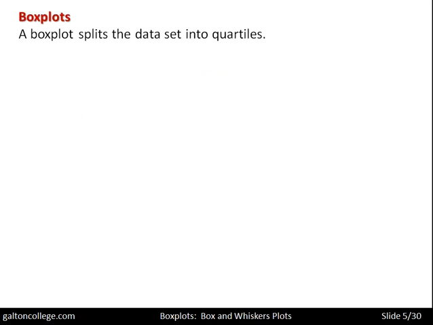It splits the data into quartiles. Now a quartile, you'll remember from elsewhere in your studies of introductory statistics, is just a quarter of the data. Q1 is the first quartile, which represents the first 25% of the data.